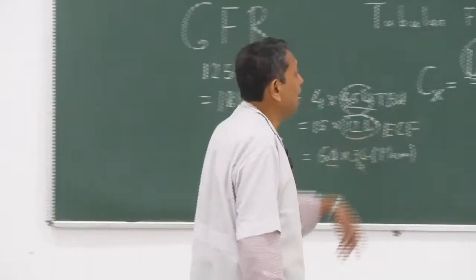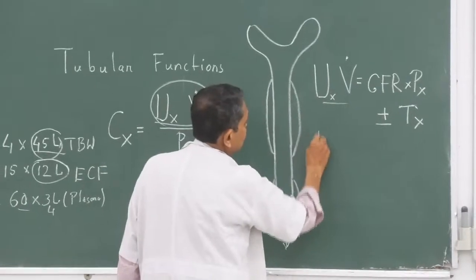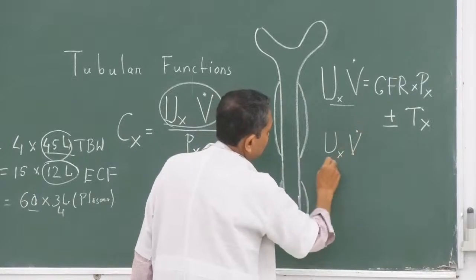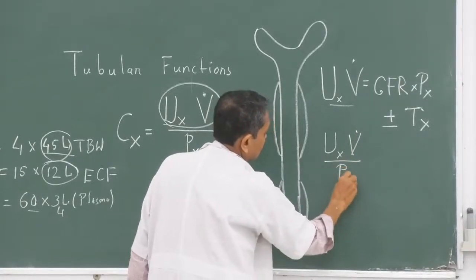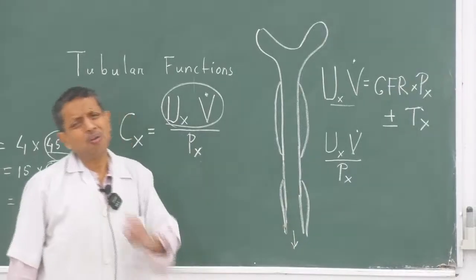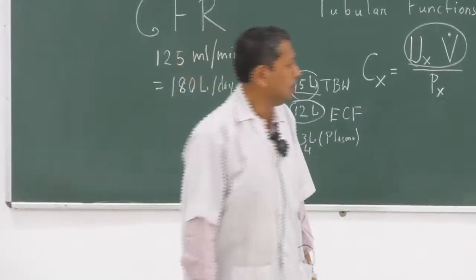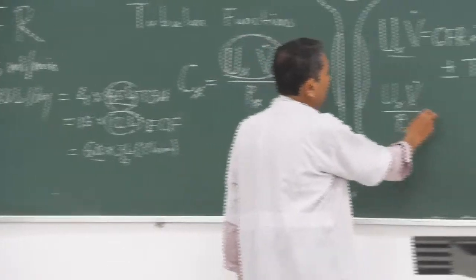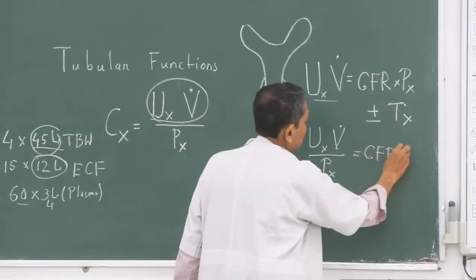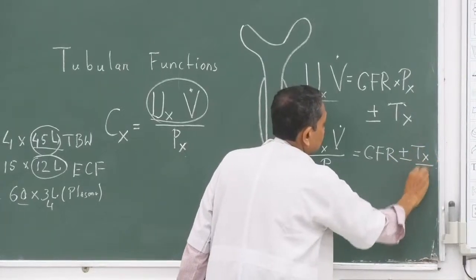And if this value is divided by plasma concentration, better arterial plasma or peripheral venous plasma, which you can consider in most cases, then it becomes equal to GFR plus minus Tx by Tx.